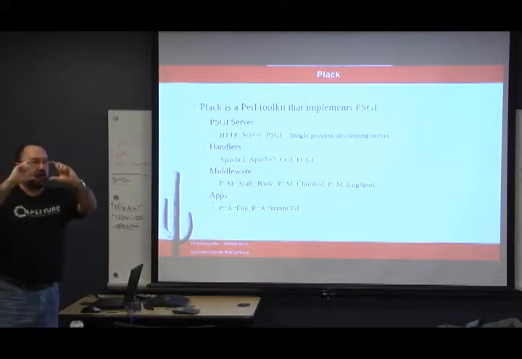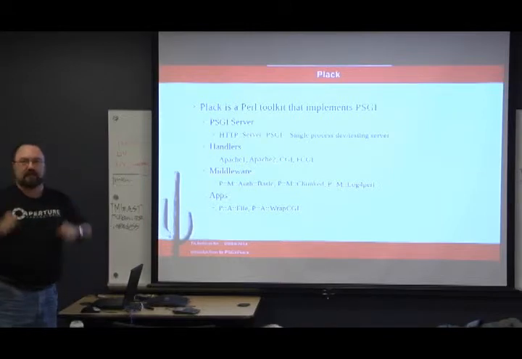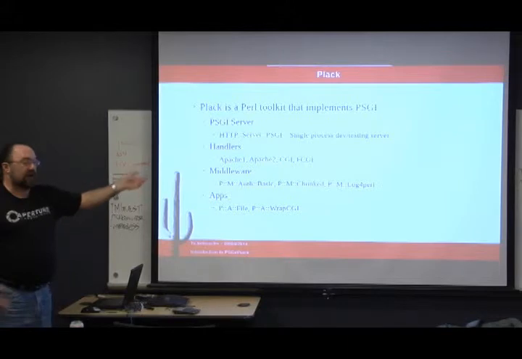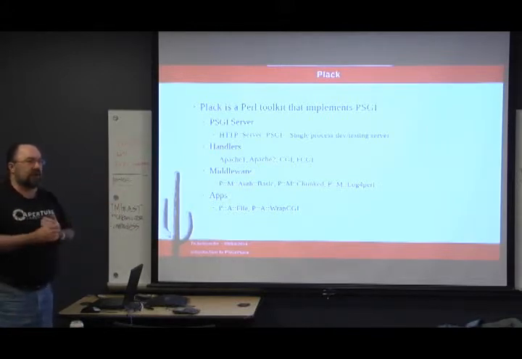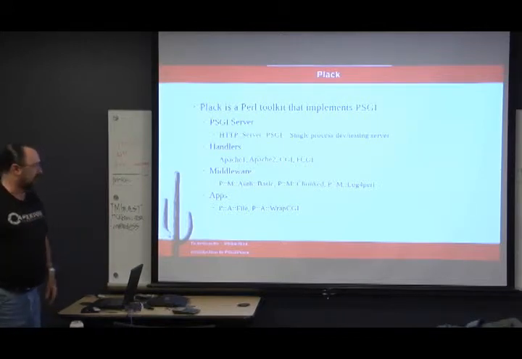If you get the little gray window that pops up and it just says username, password, that's basic authentication. Chunked obviously does the streaming that I was referring to earlier. For logging, there's a bunch of different logging middleware, as you might imagine. Log4perl just happens to be one of the more popular logging packages.